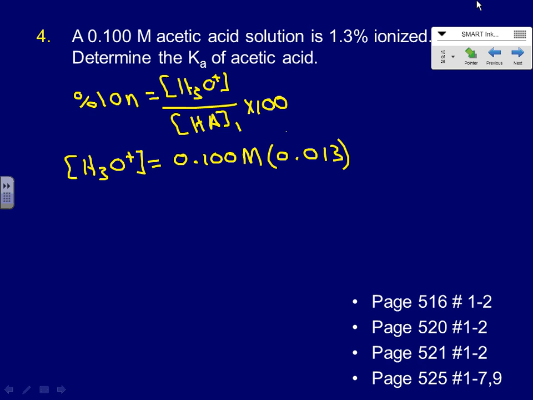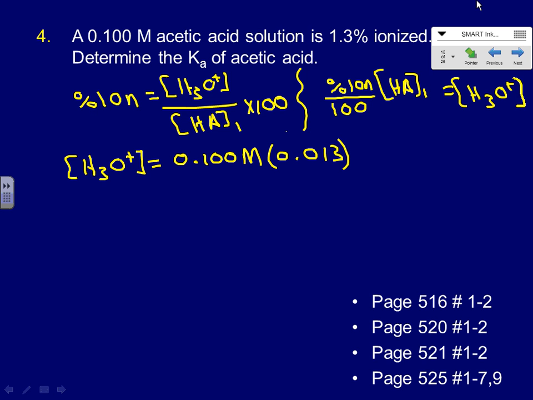All right, I just determined 1.3% of 0.1. If you want to rearrange the equation, you'll get that same thing. If we rearrange the equation and bring the HA up here, it's going to get me my percent ionization number times the HA initial. I'm going to bring down the 100 because I'm going to bring it to the other side, and that's going to leave me with H3O plus.